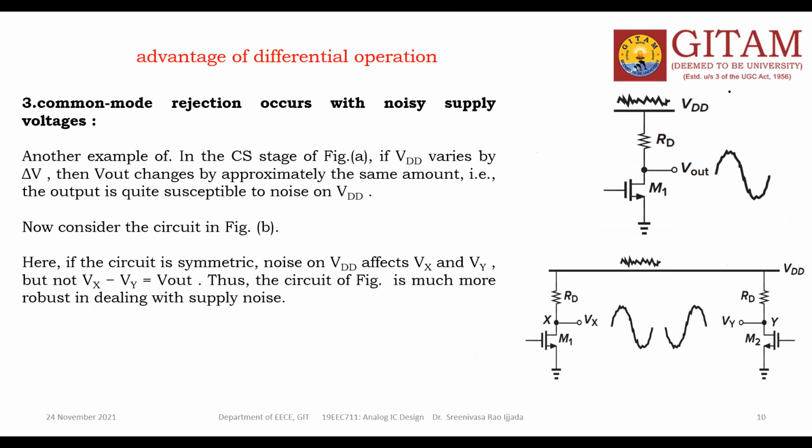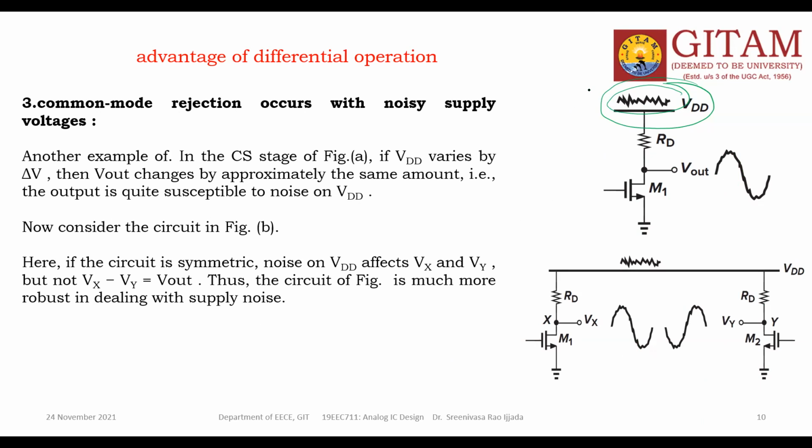So here, this is supply. VDD is the supply. Got my point? Because of VDD changes, VDD may be 5 volts. Because of some noise, I don't know what kind of noise it is, your 5 volts DC value may be changed to 5.1, 4.9, like this. It's varying around the 5 volts, some up and some down.